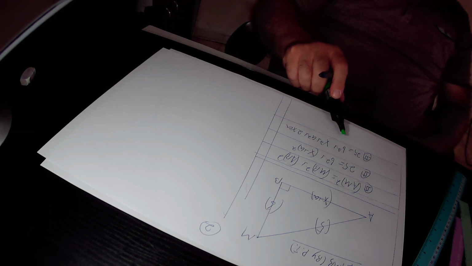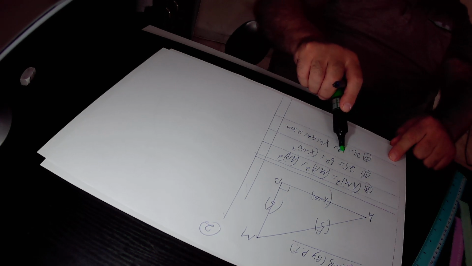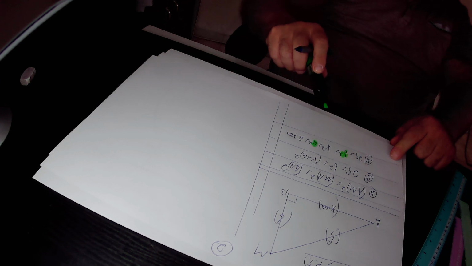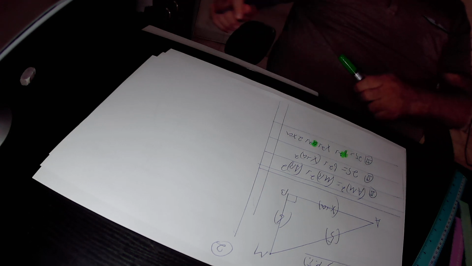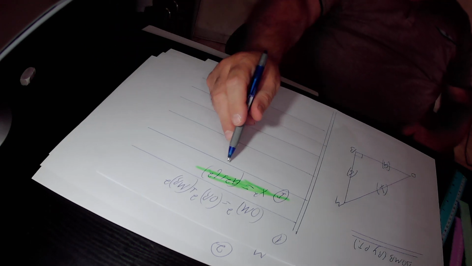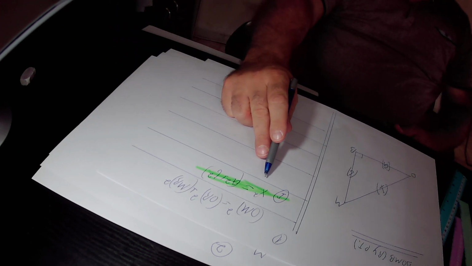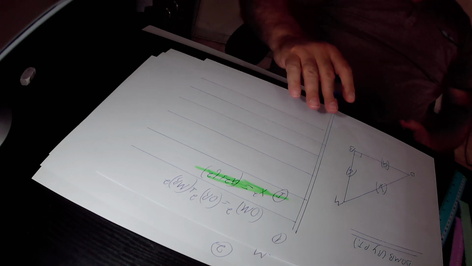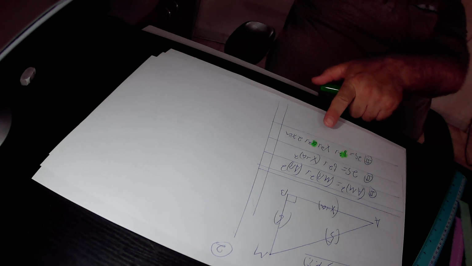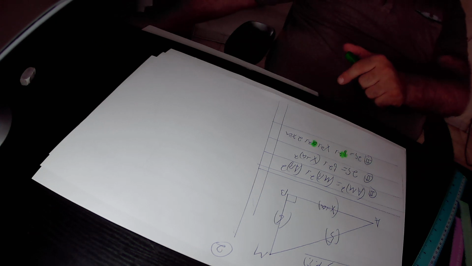In this side of equation 2, we have b squared plus a squared. But according to equation 1, we already found out that b squared plus a squared equals x squared. Therefore, we substitute b squared plus a squared in equation 2 by x squared from equation 1.